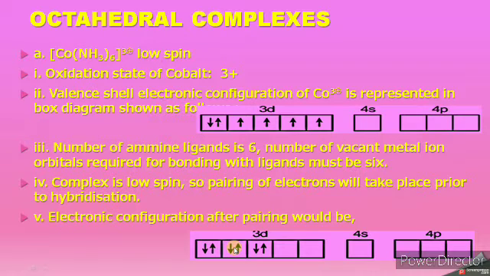Now if you observe this electronic configuration, don't forget to write argon here. Now there are 6 vacant orbitals, and we require 6 vacant orbitals because 6 ligands are there. So the 6 ligands, that is NH3 molecules, donate 6 lone pairs of electrons towards the cobalt.